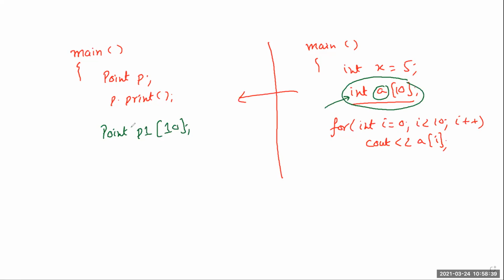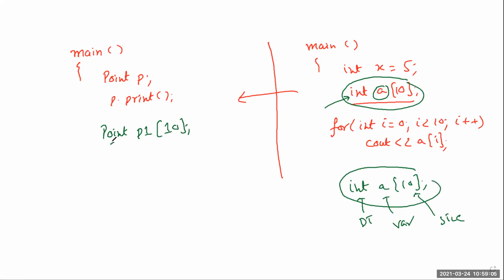Now, if I ask you directly to declare an array of 10 points, it may be challenging for some of you, but a good way to do that is first to see how you do it for integers. For integers, if I need an array, I will write the data type, variable, and then the size of the array. So everything stays the same.